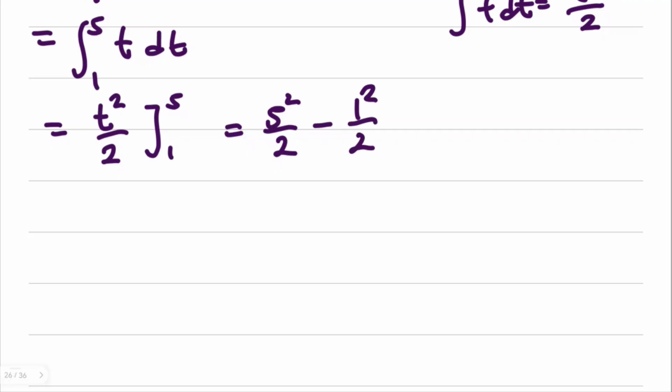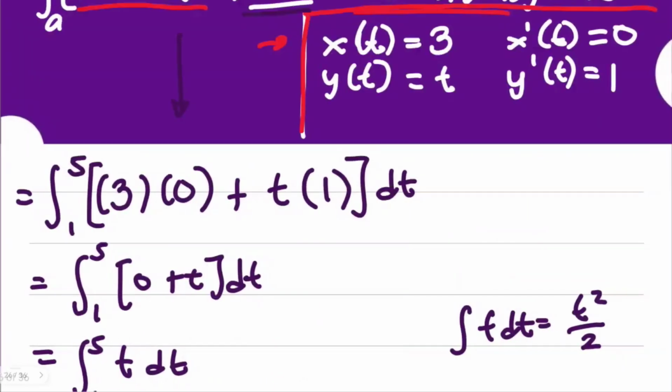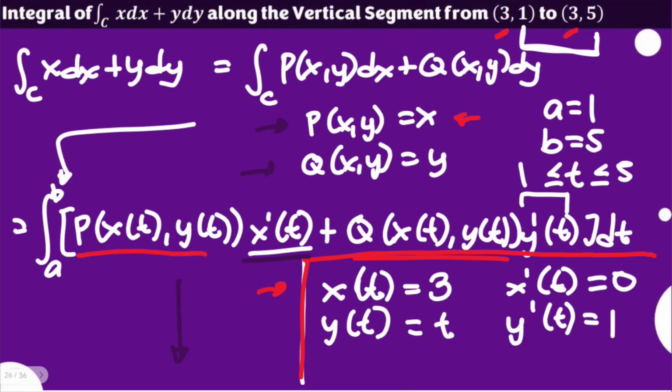This is equal to 25 halves minus 1 half, which gives us 24 halves, or 12.